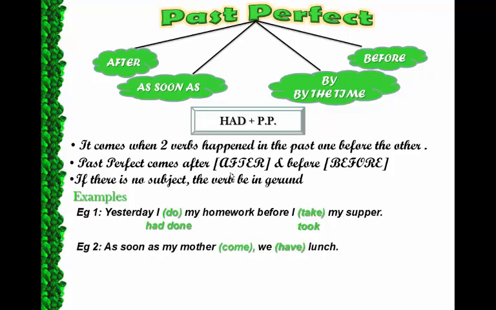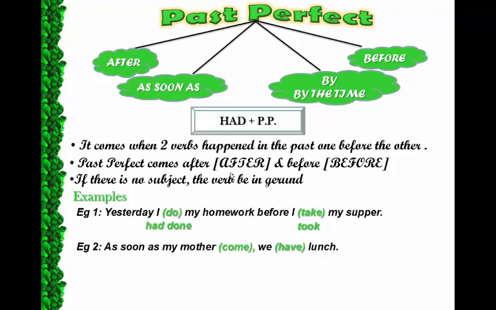Another example. As soon as my mother come, we have lunch. Here also two incidents happen. The arrival of my mother and also having lunch. Which of them happened first and which happened later?